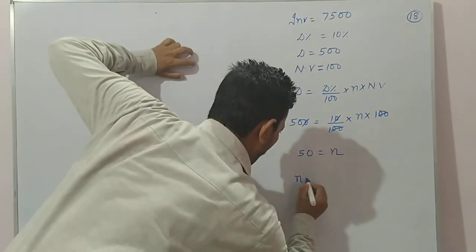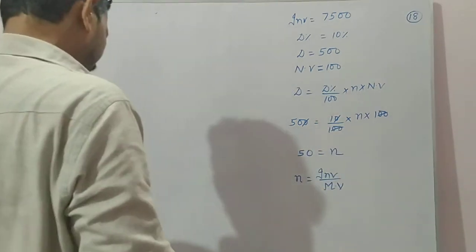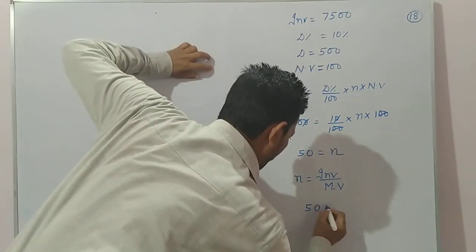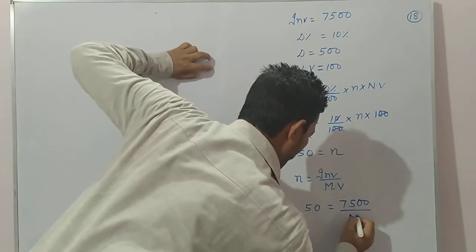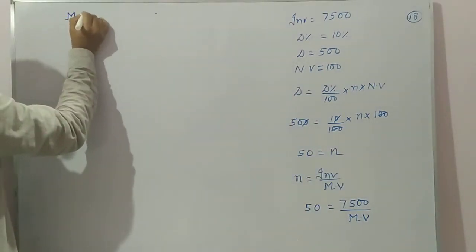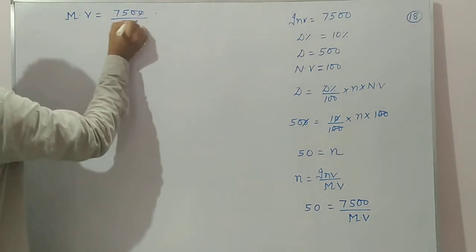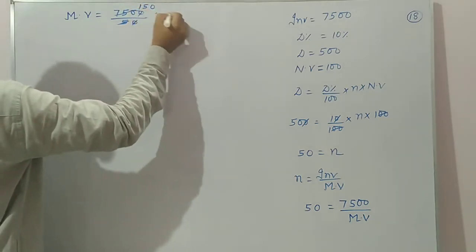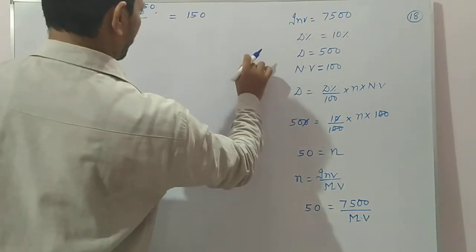So we know that number of shares is investment by market value. So here number of shares is 50, investment is 7500 by market value. So market value of the shares will be 7500 by 50, that is 150. Question number 19.